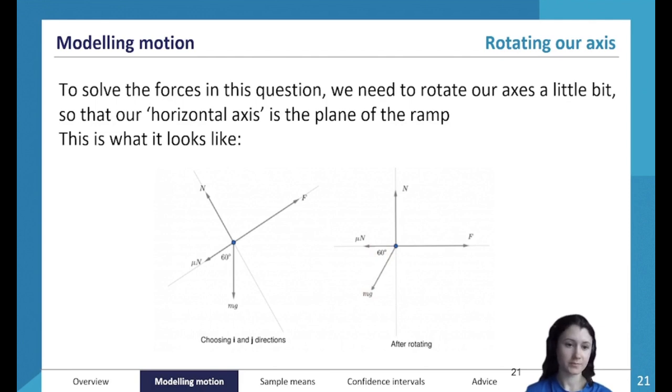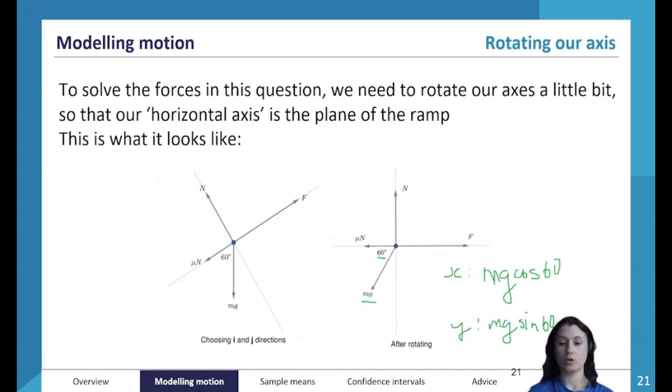Alright? So, we know that the length of the vector is mg. We know that the angle is 60 degrees. So the x component, right, will be mg cos 60, and the y component will be mg sine 60.